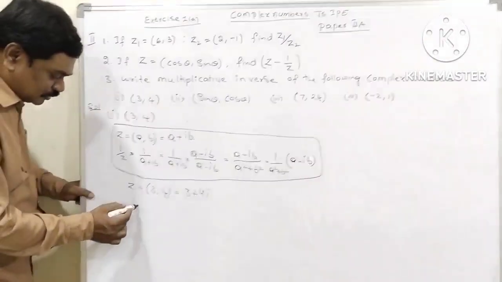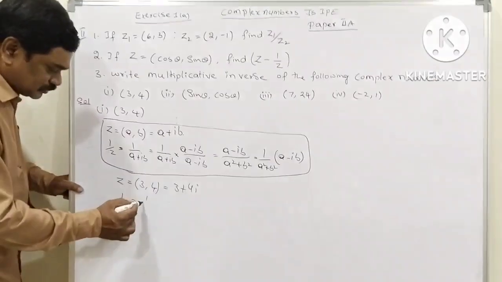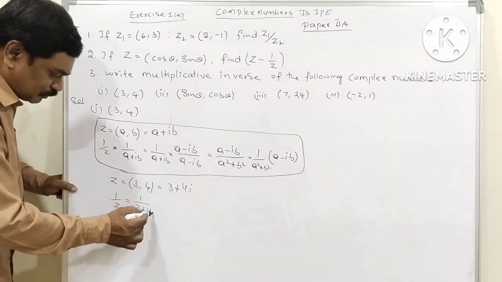The multiplicative inverse of z is 1 by z, that is 1 by 3 plus 4i.